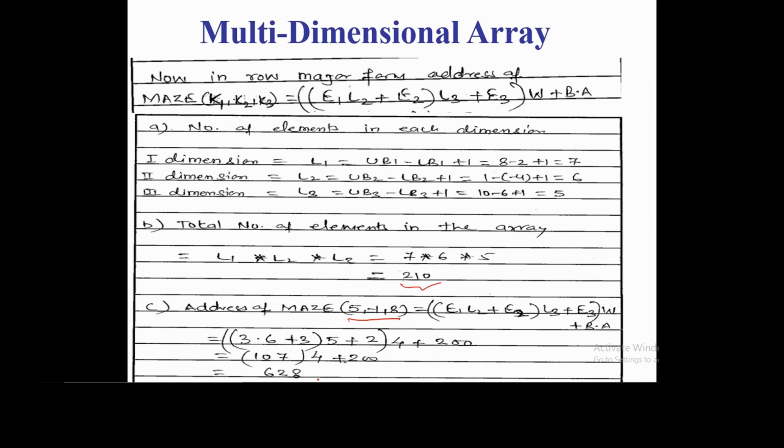Solving it gives 628. The base address is 200, then the address of this particular element will be 628. So this is a very simple formula to use. This question was based on the row major order form.